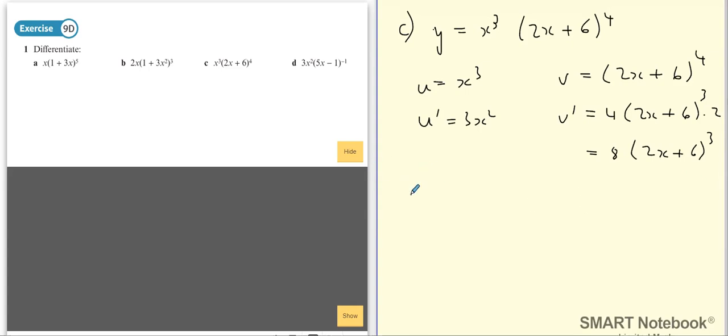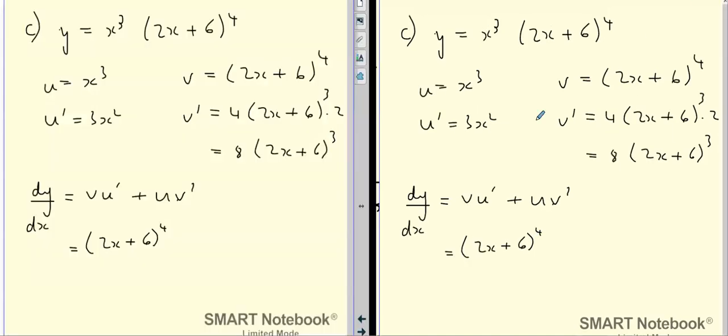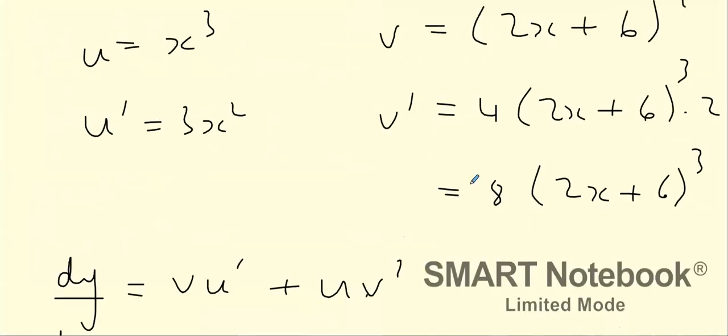And so dy by dx is v times by u dash plus u times by v dash. And v is (2x + 6) to the power of 4. I might need the whole page to do this.